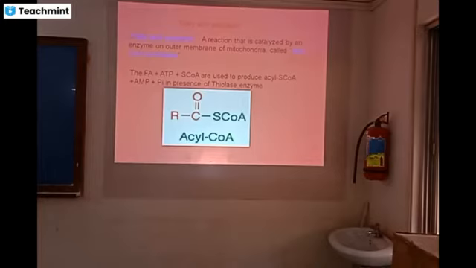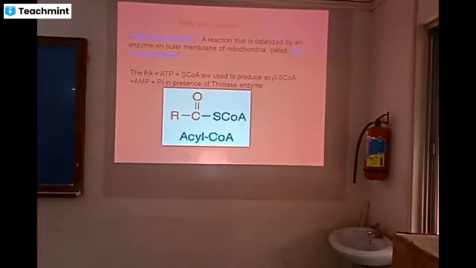So R contains CH3 CH2 14 times, C double bond O, as it is attached with the S CoA form. For activation of fatty acid, it is necessary to expend an ATP molecule, but the ATP is not hydrolyzed into ADP plus Pi. The high energy linkage is broken down into AMP plus PPi. So two high energy linkages are taken into consideration. Why it is two, we will see in the energetics of the beta oxidation of fatty acid.